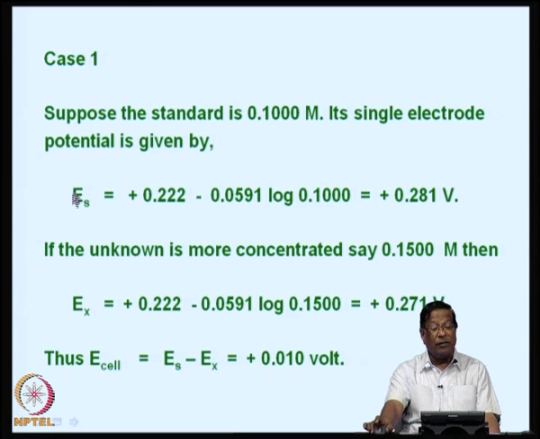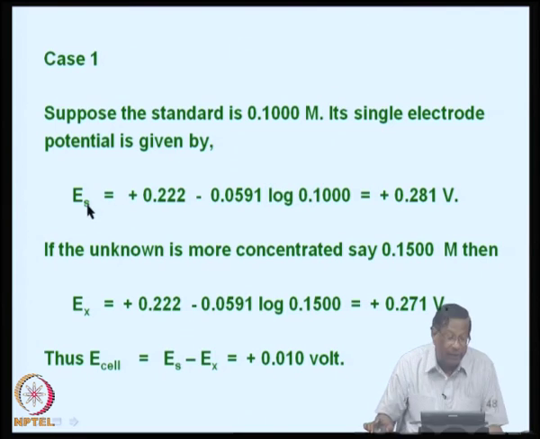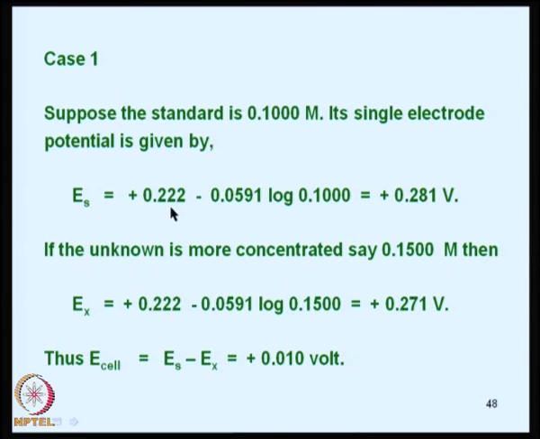Its single electrode potential is given by the Nernst equation, E standard equal to 0.222 volts minus 0.059 volts log of the concentration of the oxide species, that is 0.100 M here. The reduced species is 1 because it is metal, and that value is 0.281 volts. If the unknown is more concentrated, let us say 0.1500 molar, here it is 0.1000, here it is 0.1500.